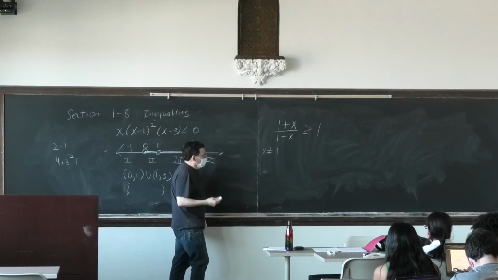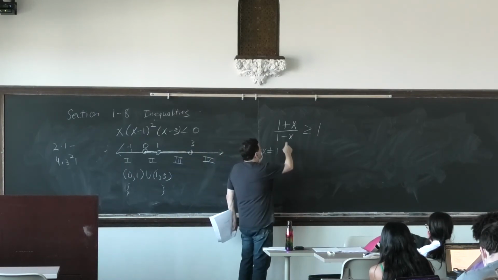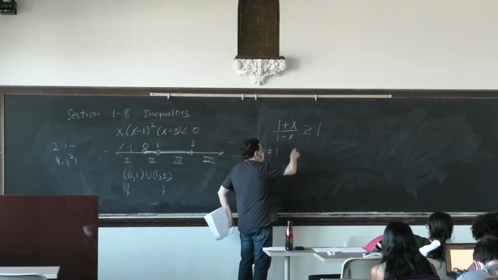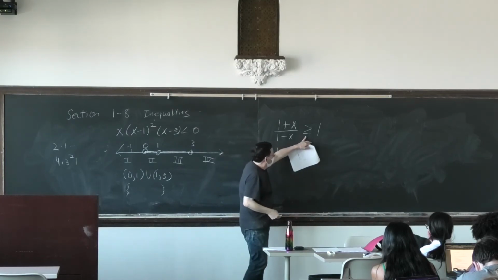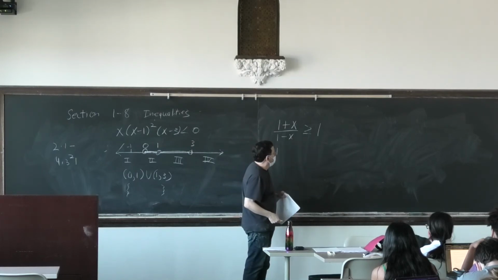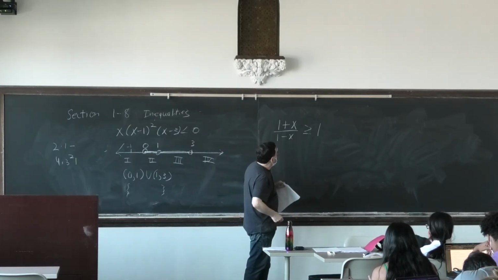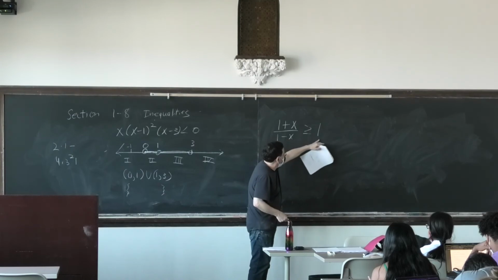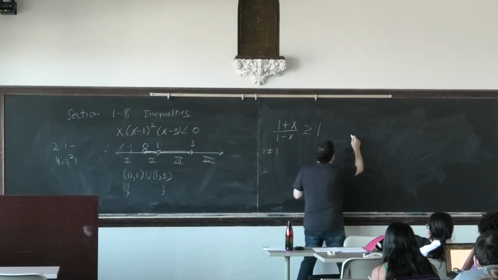Here we have an additional burden. Remember, when you multiply something by something, if it's positive, the inequality doesn't change. But if it's negative, it does change. So we really have 2 problems here. In both cases, we're going to multiply by 1 minus x.